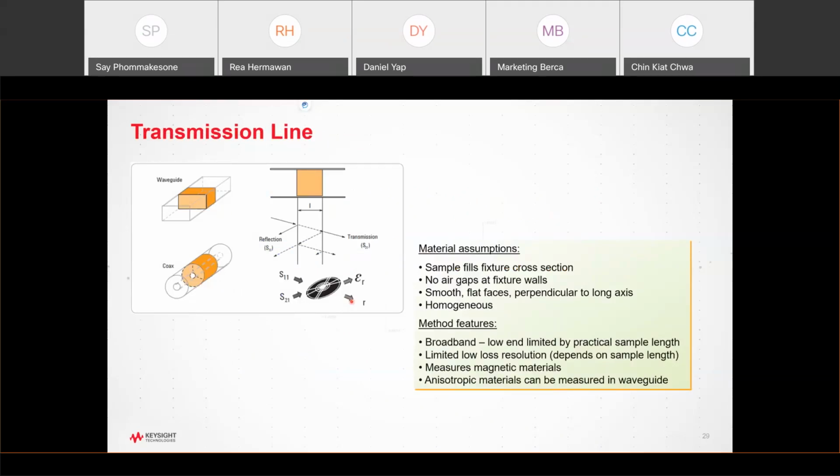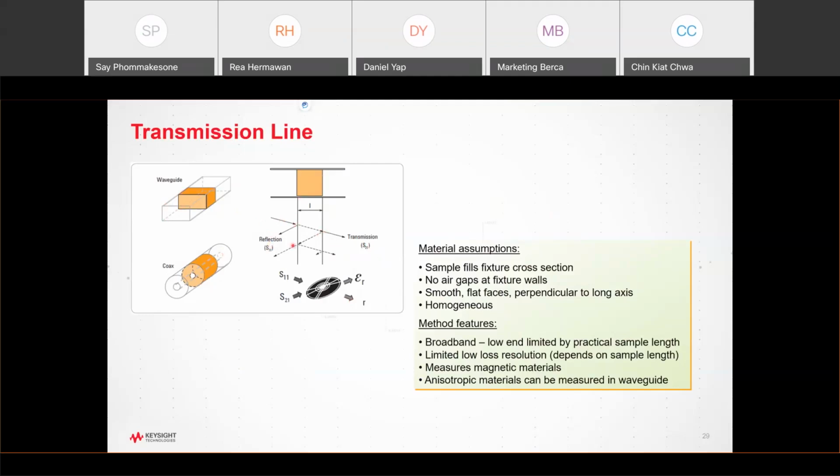The sample holder in this case is a waveguide, which is a rectangular tube, so the sample needs to fit inside. It looks like this. The signal will go through, called S21, and when the signal hits your sample, it is reflected back as S11, and the same when the signal comes from the opposite side.